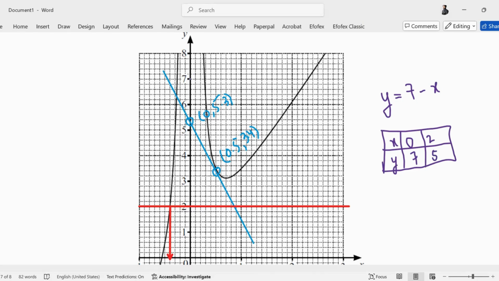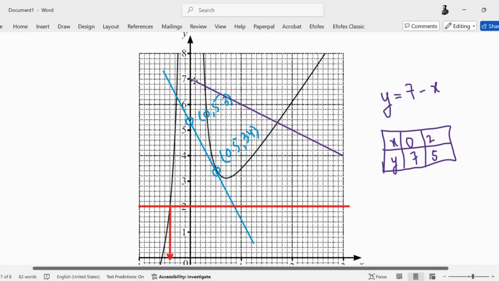So if I have these two points, 7 and 5 and 2, obviously, I can extend the line. I must extend the line to get all possible solutions.